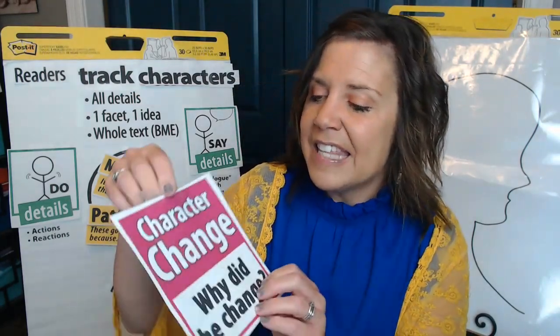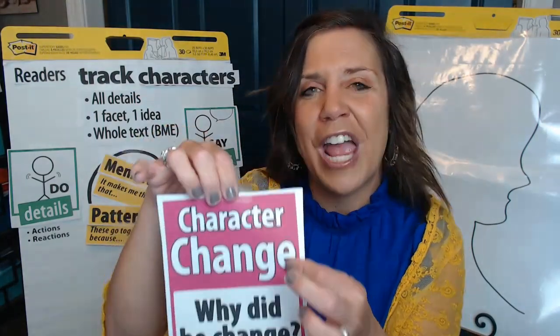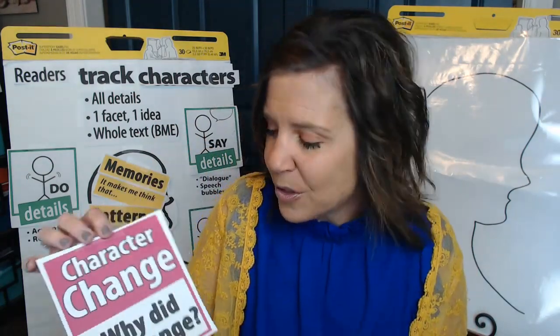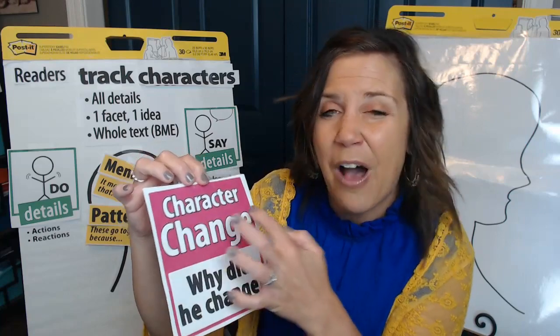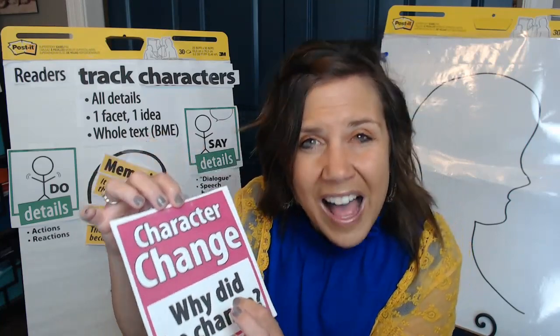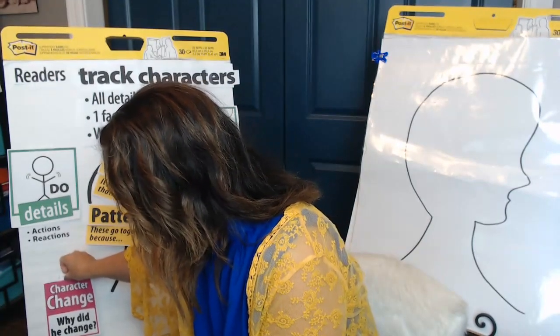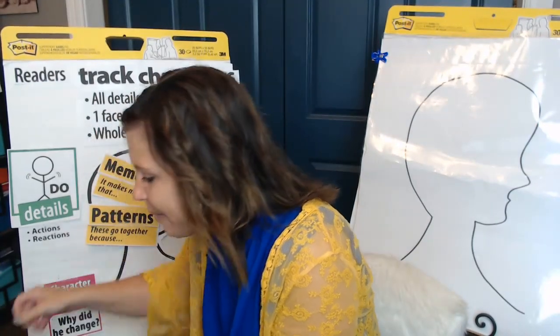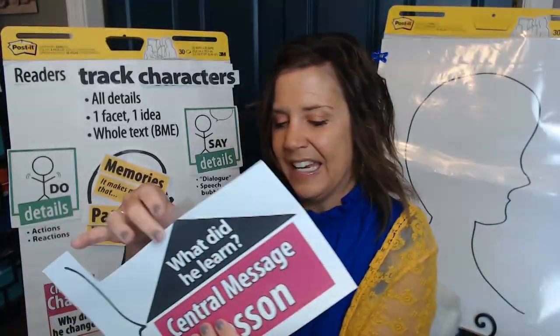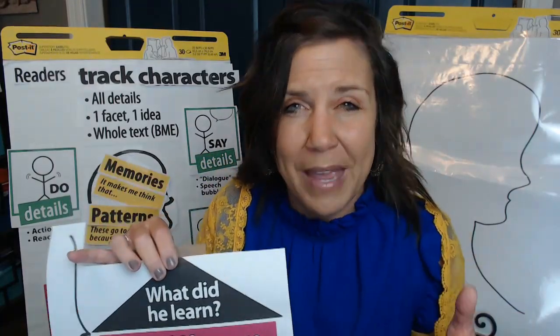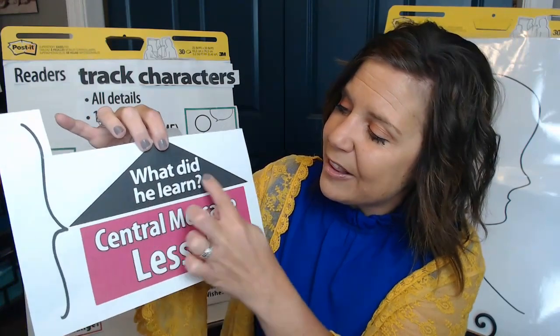So the inference that we're going to think about today is the character and how they change. Most of the time, characters change in the story. And we want to see how they change and why they change. That's one of the inferences that we're going to make. And then another inference that we're going to think about is the lesson that a character, usually the main character, learns some type of lesson. What did he learn?